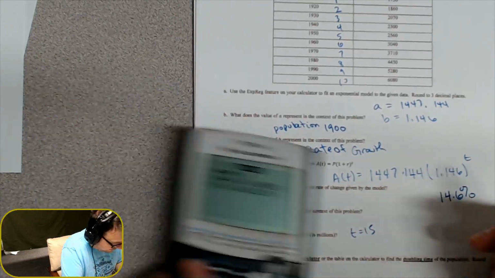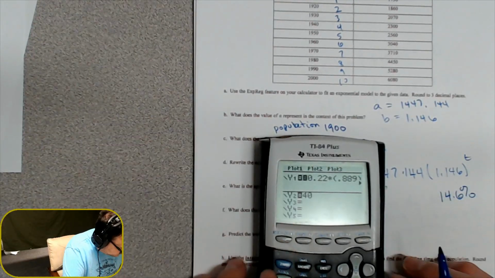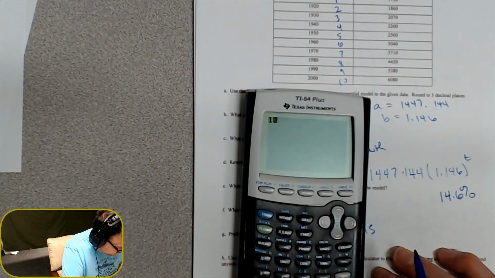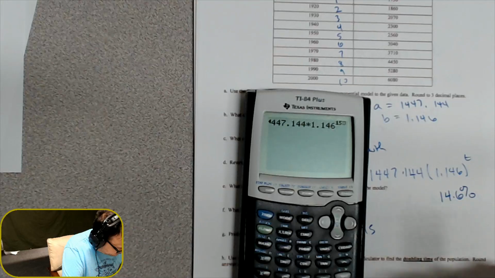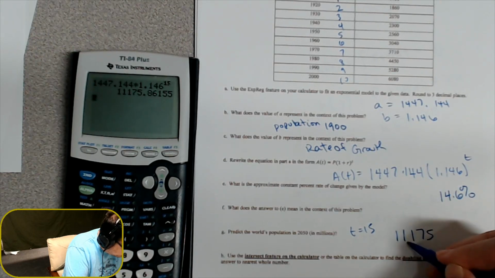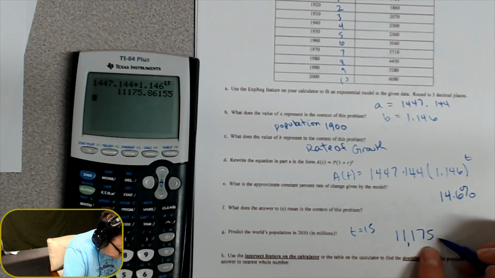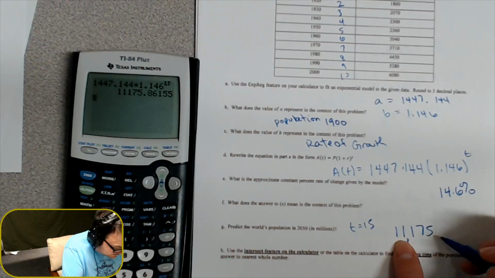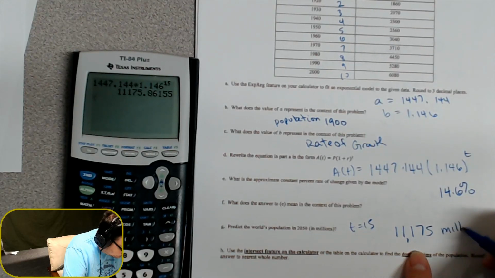So I get my calculator, enter this in the equation: 144 times 1.146 to the 15. And my population looks to be about 11175. Remember, this is millions of people. So we're at 11 billion people.